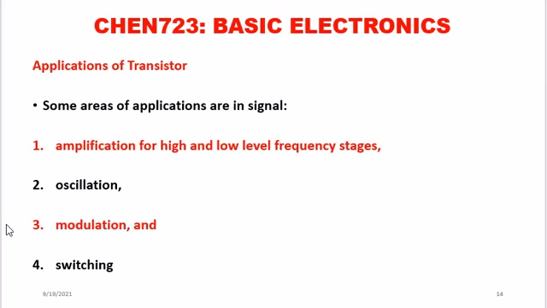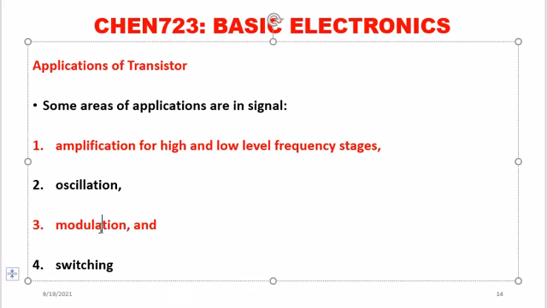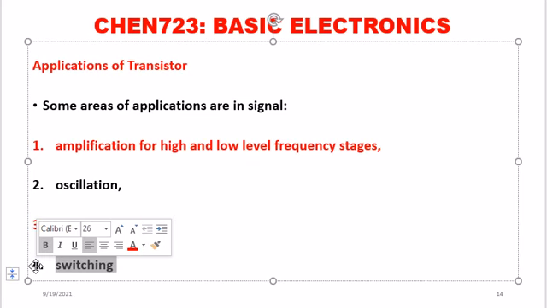We call it a carrier frequency. So when they are combined, we can now propagate it in the free space in air, and transistor is used for that application, modulation. And the last one, we use a transistor for switching. Switching simply means to turn on a system or to turn it off. We use a transistor for that application.